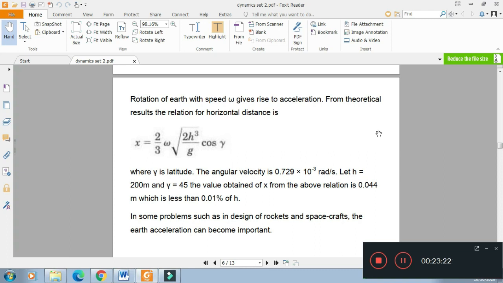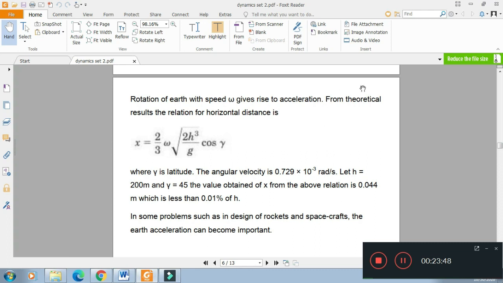And in the ideal case, we suppose that the object will strike the ground at the point which is exactly below the initial position of the particle. That is, the particle will fall in the vertical direction and strike the ground exactly below its initial position.